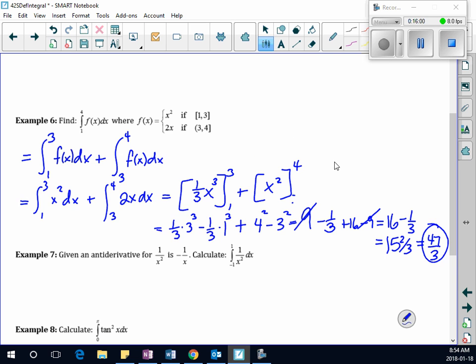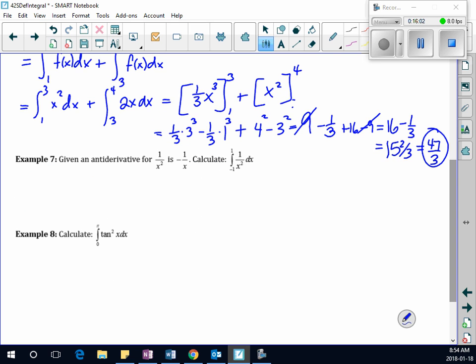Sorry about that. Given that the antiderivative for 1 over x squared is negative 1 over x, calculate the integral from negative 1 to 1 of 1 over x squared. So the problem now is that it's not continuous at 0.